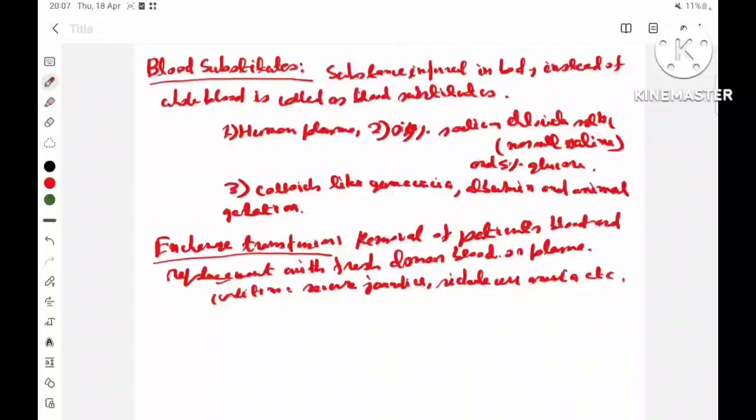First of all, the affected person's blood is drawn out in small quantities, for example 5 to 20 ml, depending upon the age and size of the person and severity of his condition.